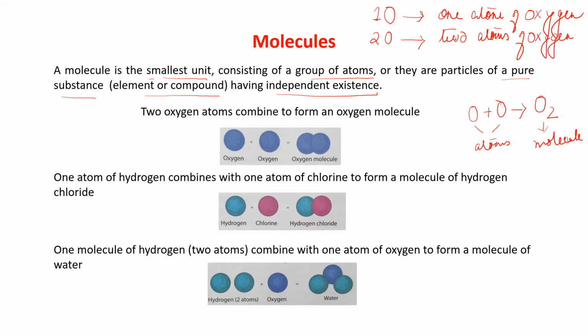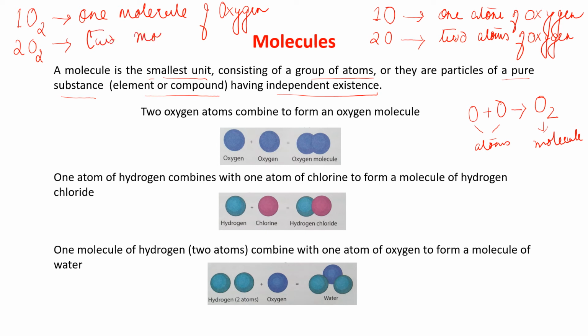But if I write O2, nothing is there in front, that means 1, so it is 1 molecule of oxygen. Suppose I am writing 2O2. This is 2 molecules of oxygen. So this is the difference between atoms and molecules.